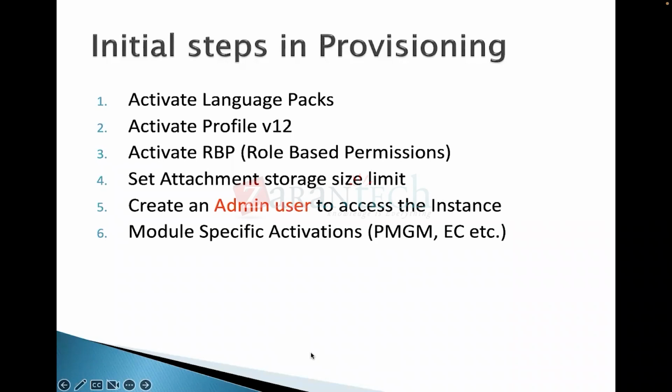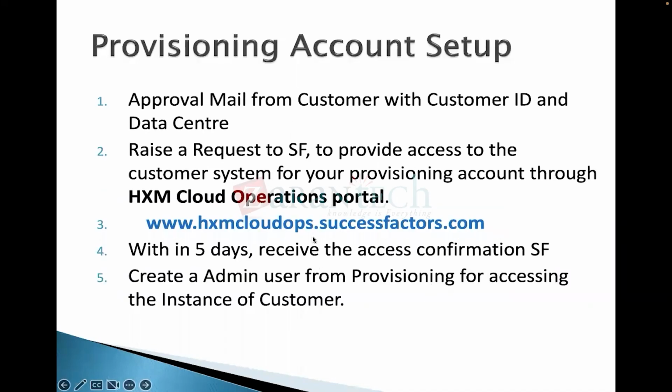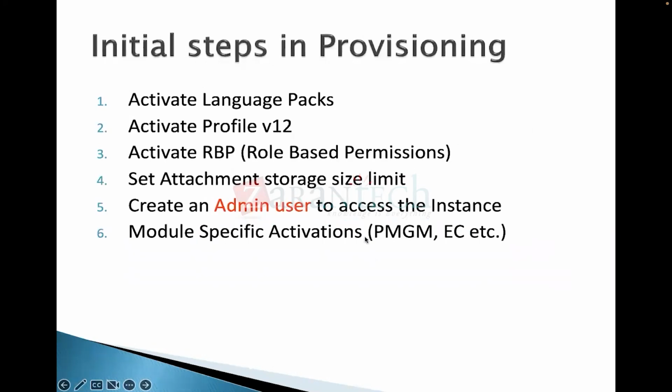So these are the steps that we have to take care of whenever we start the project. First thing, get the access to the provisioning system. Once we get the access by following these steps, by taking approval email from the client and raising a request in this portal, within 5 days you get the access. On getting the access, every consultant has to make sure there are some activations they have to do in the provisioning level.